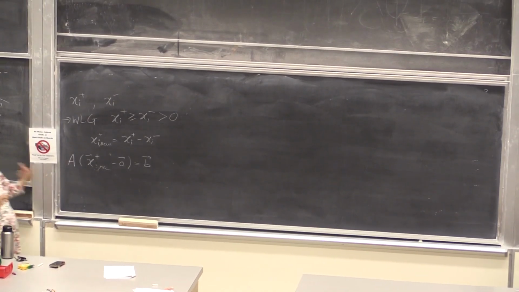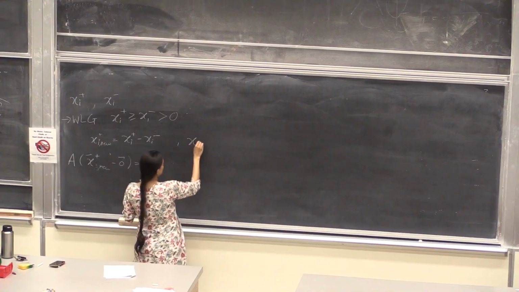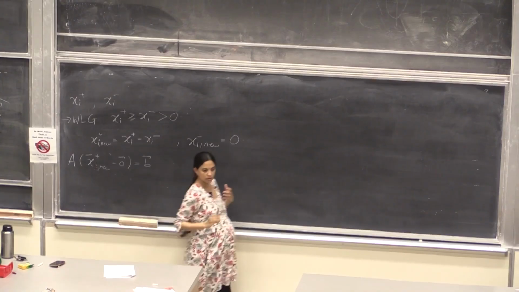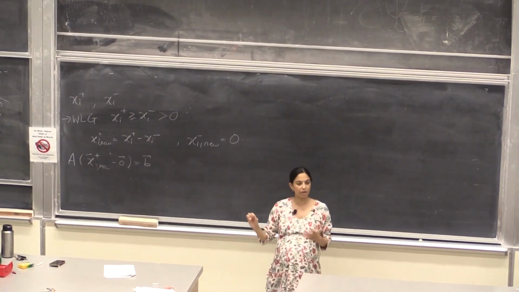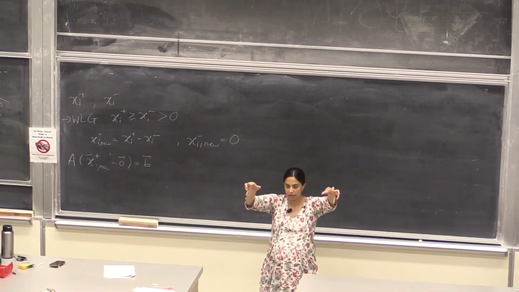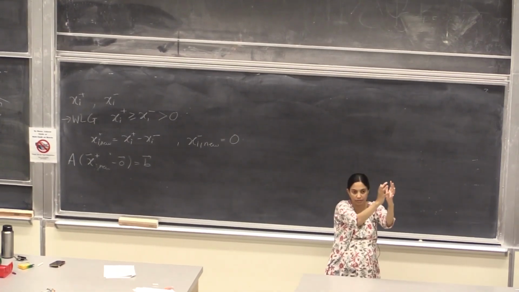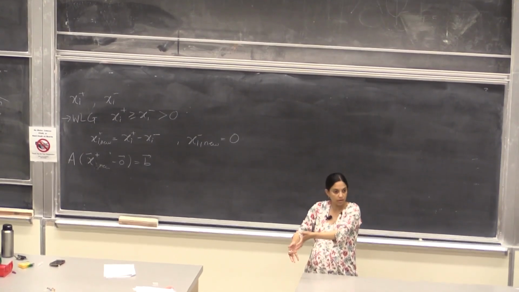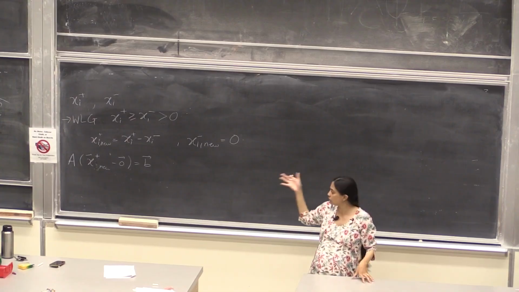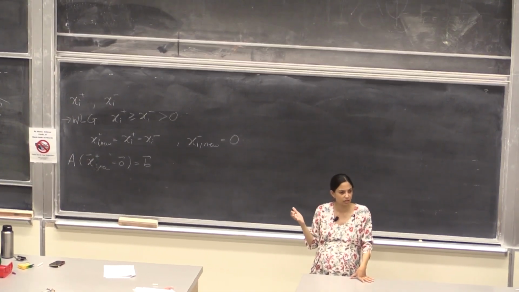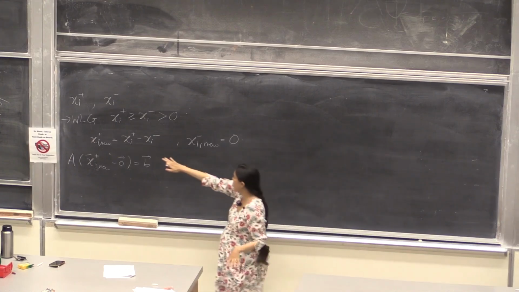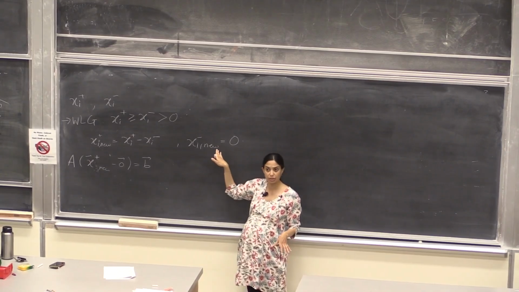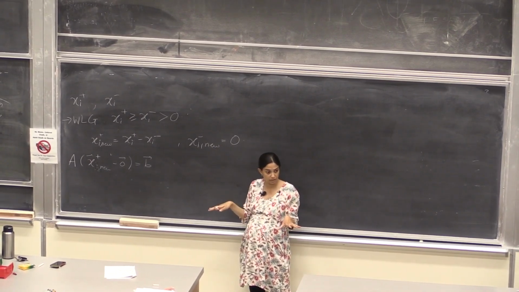What would I define now xi minus new in this case? This would just be 0, right? So instead of having x plus minus x minus, I just put x plus minus x minus into the one vector and set the other vector to be entirely zeros. That's exactly the same. It doesn't change my constraint at all. Does everyone see that? These new x plus new and x minus new still satisfy the constraint.